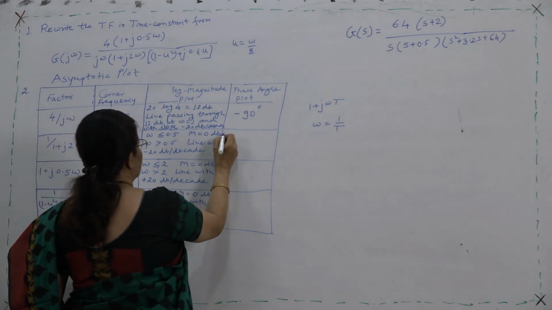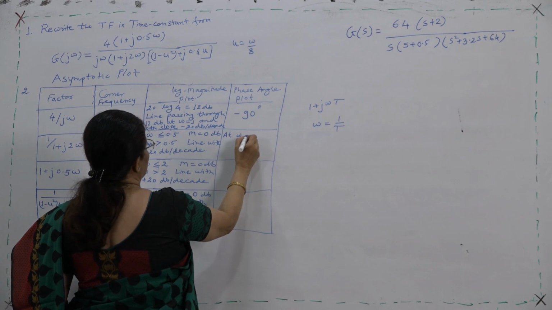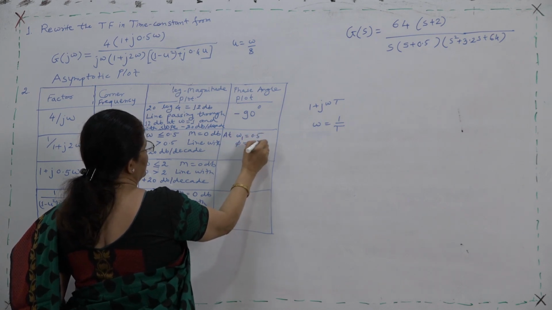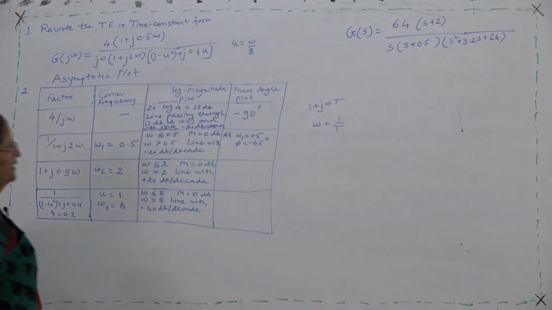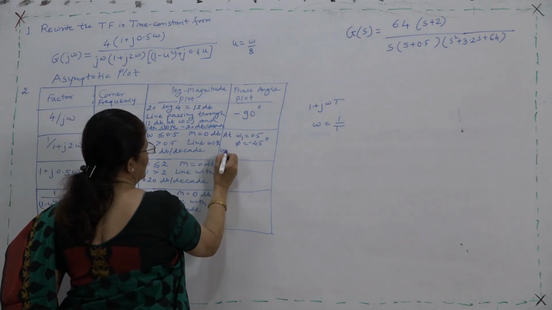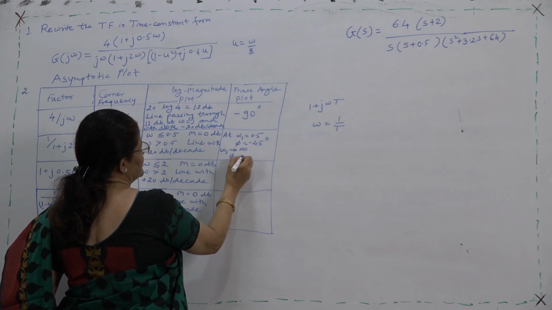So, at omega 1 is equal to 0.5, phase angle will be minus 45 degrees, it is a pole. As omega tends towards infinity, phase angle tends towards minus 90 degrees.